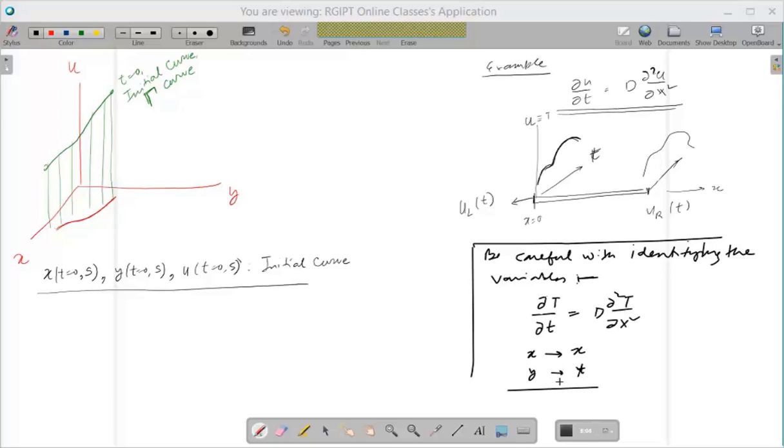Now I introduce another t here. This is not a real time. This is like a parametric variable that you have introduced.